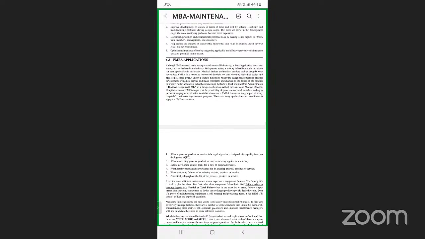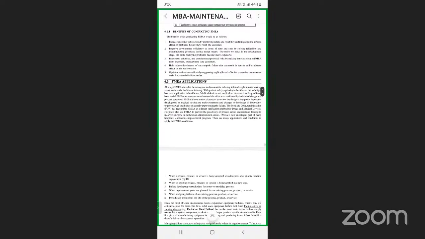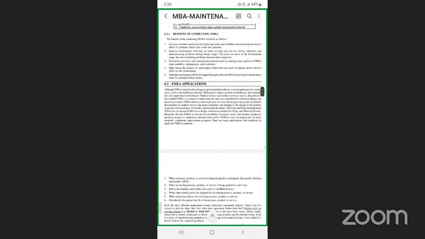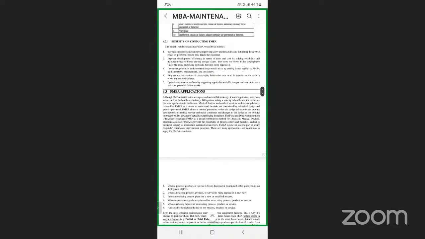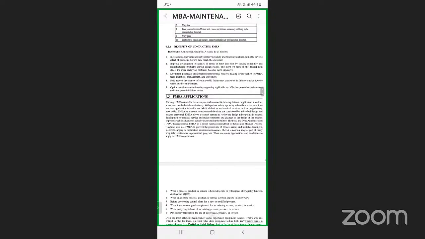Okay, you can see FMEA applications are also given in your course material. In aerospace and the automobile industry, it finds application in various areas, such as the healthcare industry. With patient safety a priority in healthcare, the technique has seen application there.